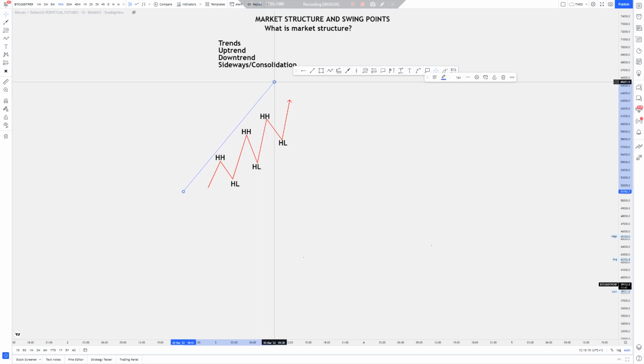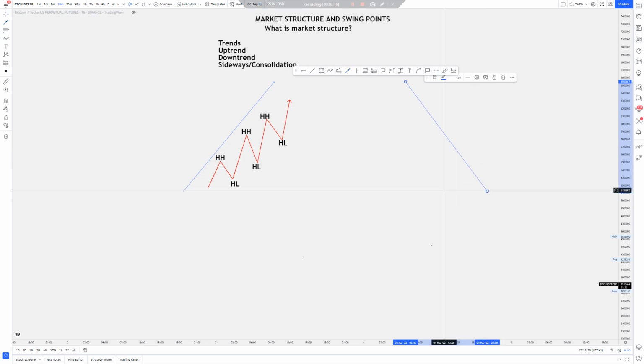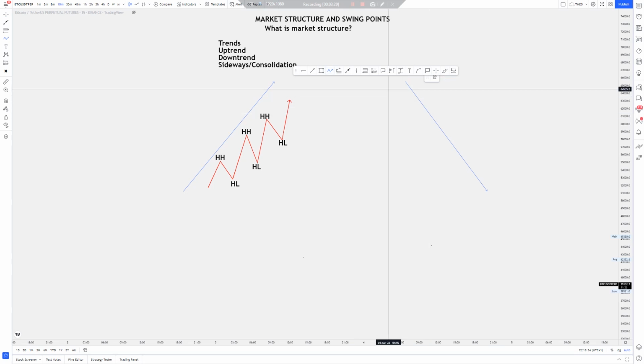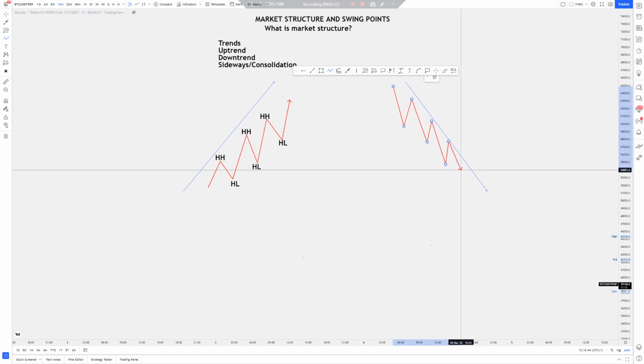So let's put that on the chart. It consists of lower low, lower high, lower low, lower high, lower low, lower high, okay? Where we consider this higher part to be a lower high and this lower part to be a lower low. So let's quickly put that out.